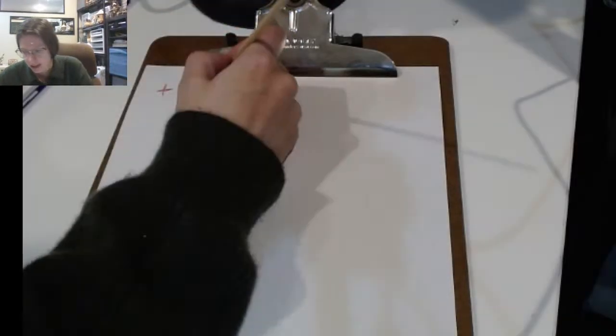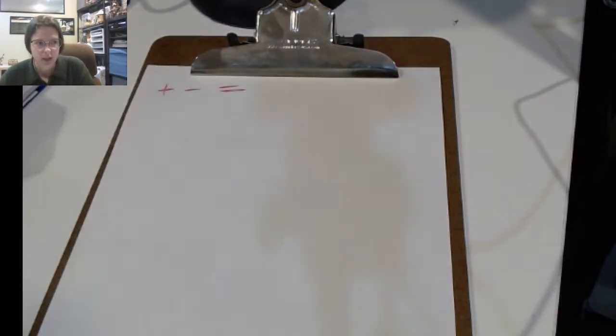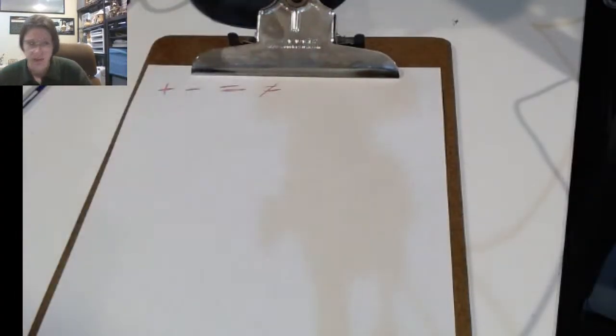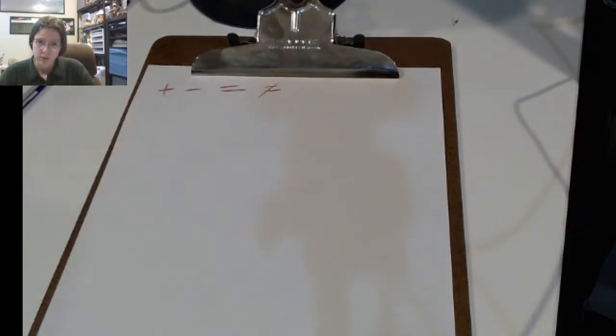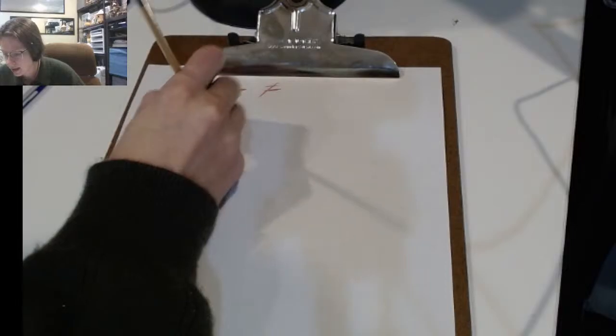Then we also have things like equals, which can mean equals to or also the same or any sort of equality. And then we also have our not equal symbol, which is specifically useful on the computer because in a lot of outlines you can take a word like, say, cat.